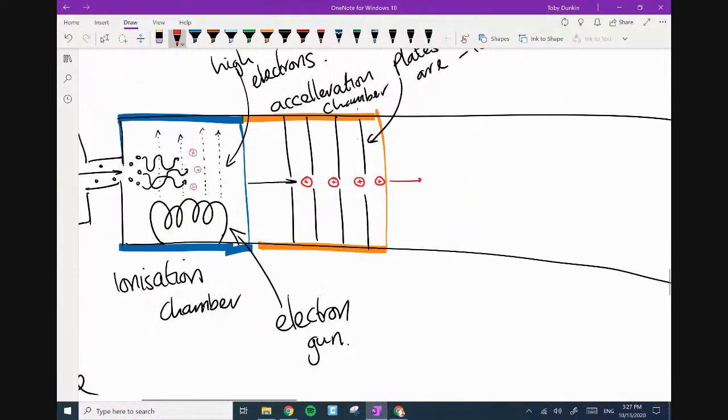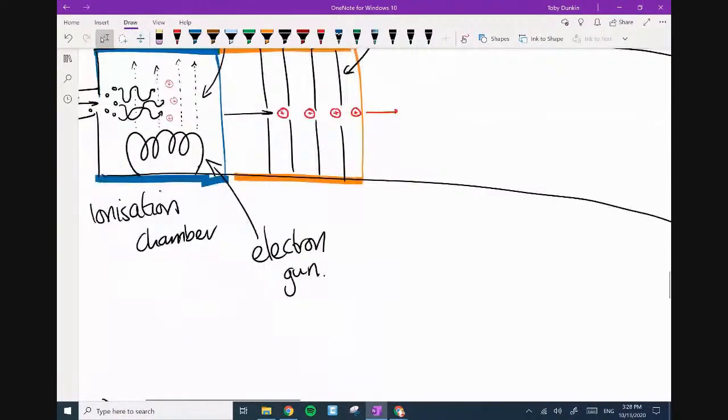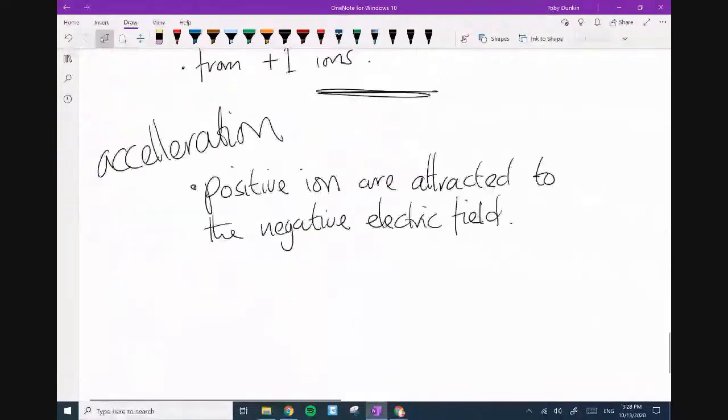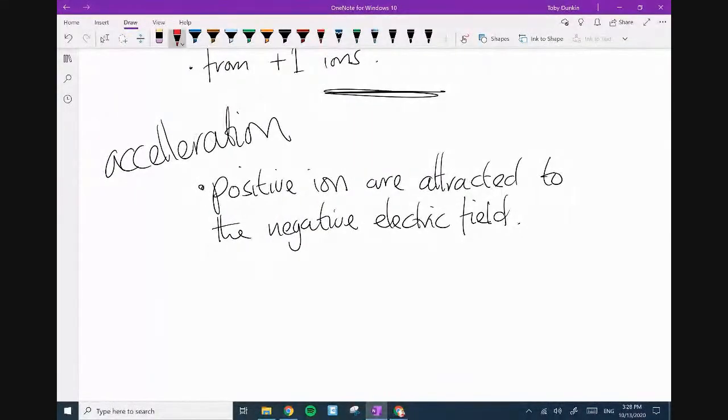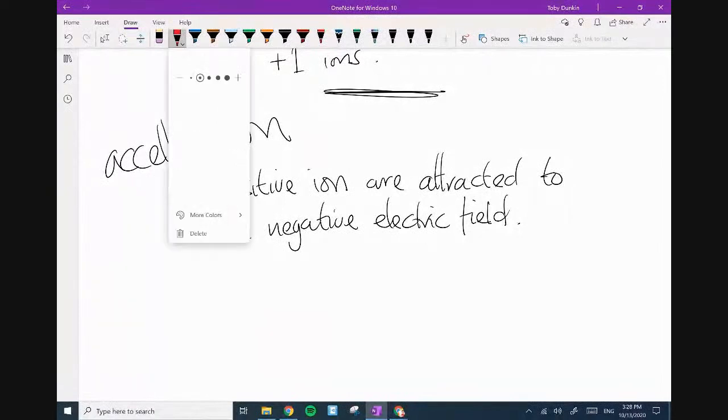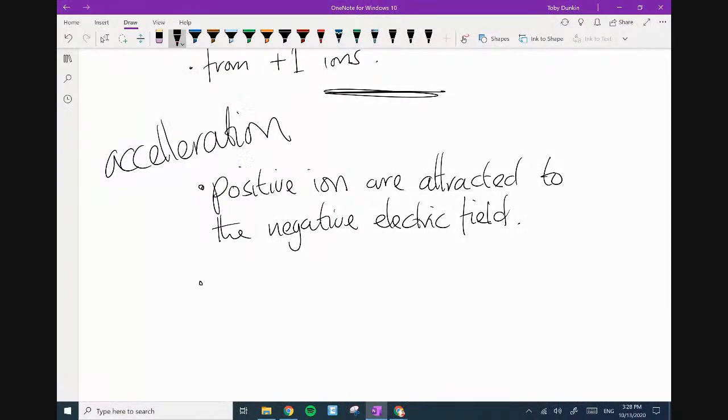It accelerates and focuses them into a beam. Positive ions are attracted to the negative electric field and focused into a beam. That's all you have to know about that.